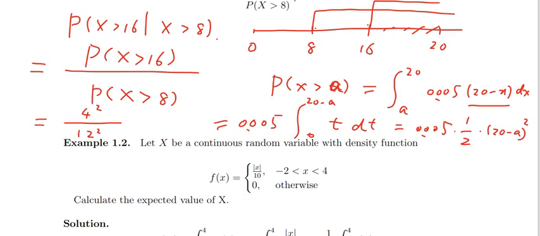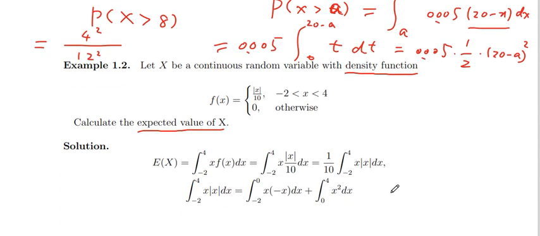Okay. So for this one, the density function is this. With the absolute value, we just need to check the positive part and the negative part. So find the expected value of x. According to the definition, it is x times f(x) dx.